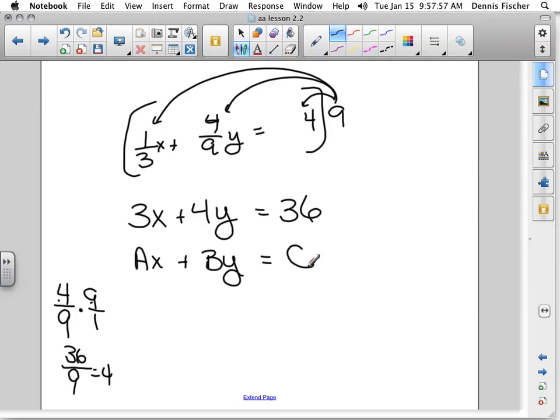I want you to write this down. On this equation, what is a negative A over B? And what is C over B?